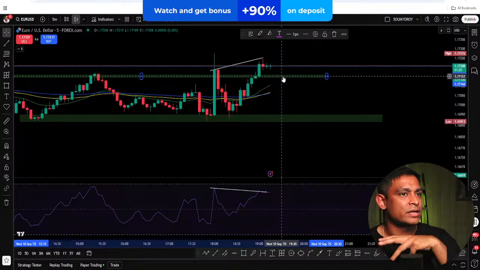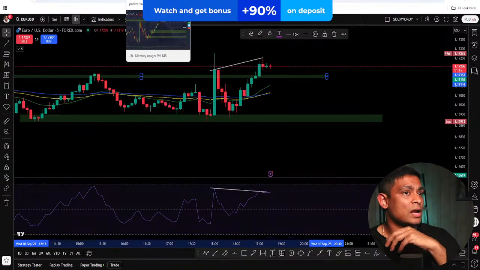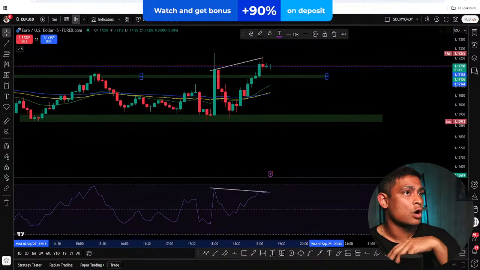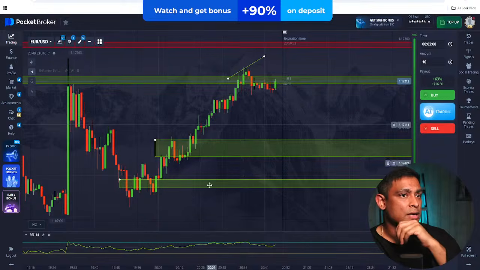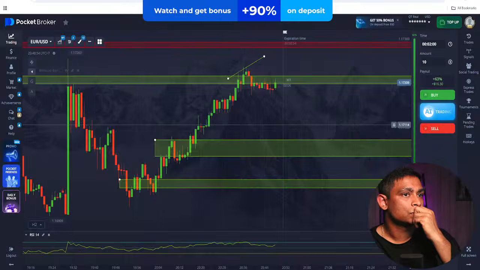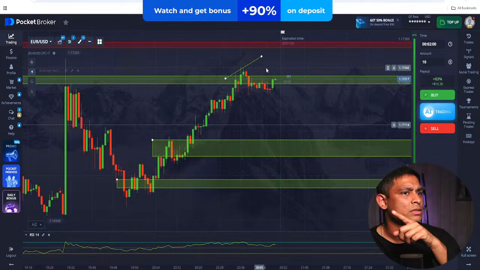As I mentioned, there is a support here, so price probably would not drop to the level we were expecting, and if it doesn't drop, we don't get our profits for sure. But let's hang on. So possibly the price is moving up and it's coming to this level.